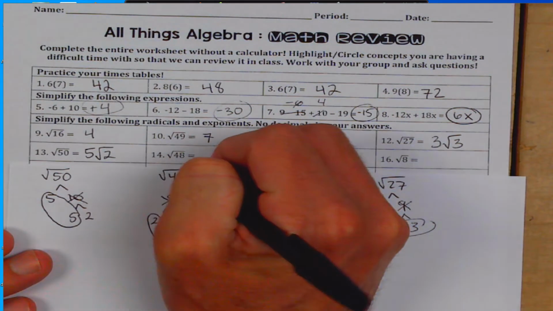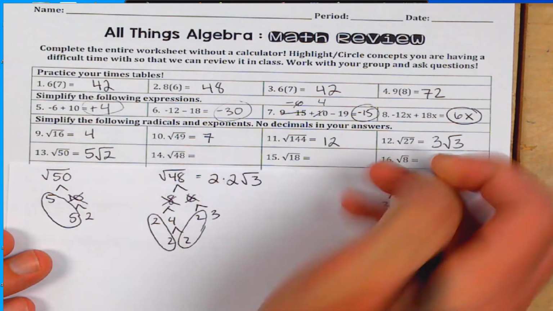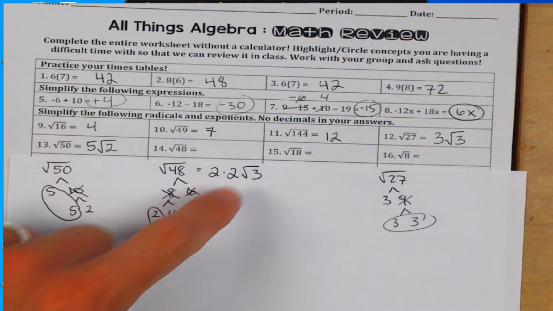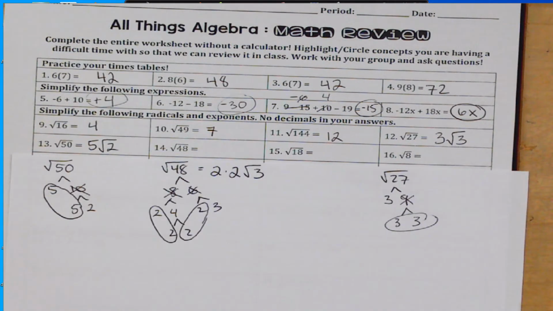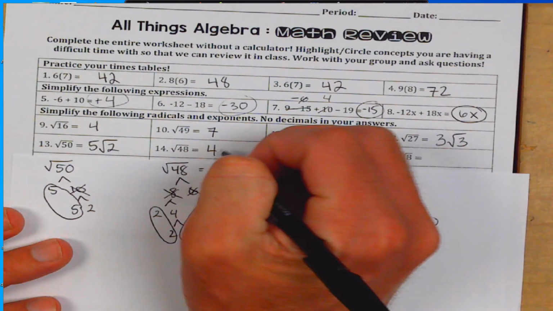So I actually can take out a 2, another 2, and I leave behind a 3. So if you take out more than one number, you're going to multiply those numbers to each other on the outside. So I got a 2 out, I got another 2 out, and now I have to multiply those two together, so I get 4, and then rad 3.